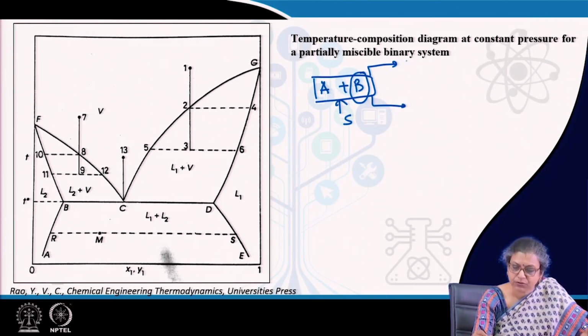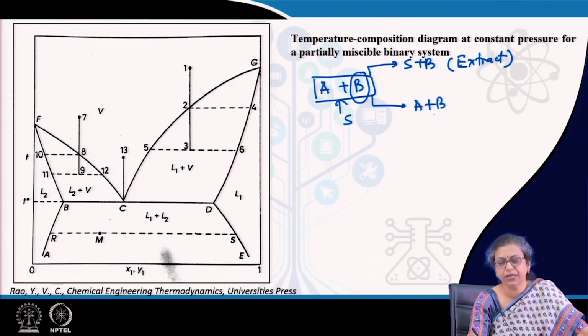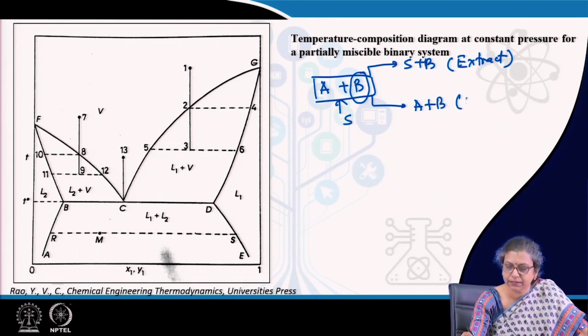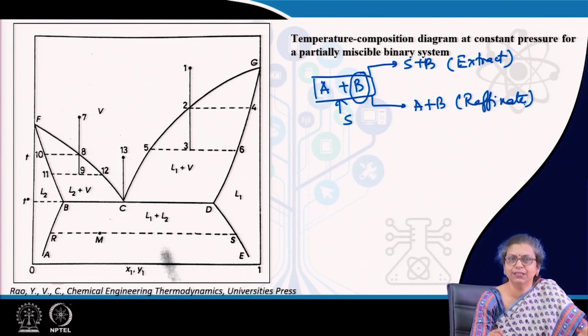So, from here what do we expect to get? We would expect to get S plus B, which is known as the extract phase, which has been extracted, and there also will be some amount of B remaining in A, and this is known as the raffinate. But there is something more that we should remember when dealing with liquid extraction.